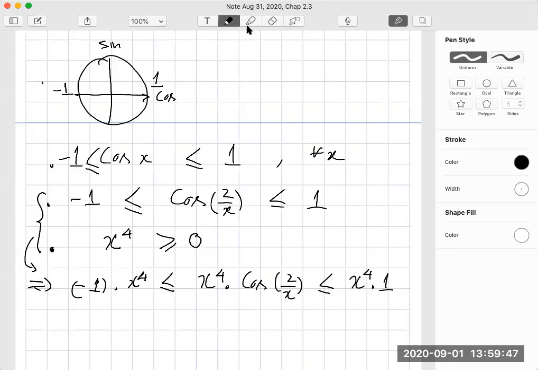The inequalities hold. Okay, this is always true.